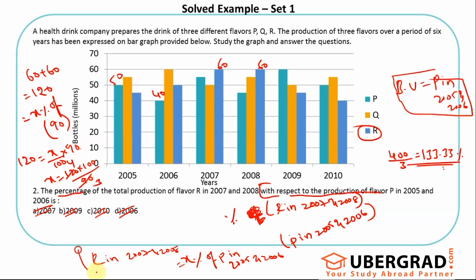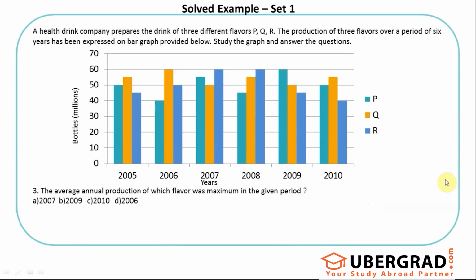That's why we need to write it this way, not the percentage of R. That's the wrong statement. So R in 2007 and 2008 equals what percentage of P in 2005 and 2006? That's basically the question. So the answer is 133.33%. Again, the options are not typed. I guess there's an issue again, sorry for that.